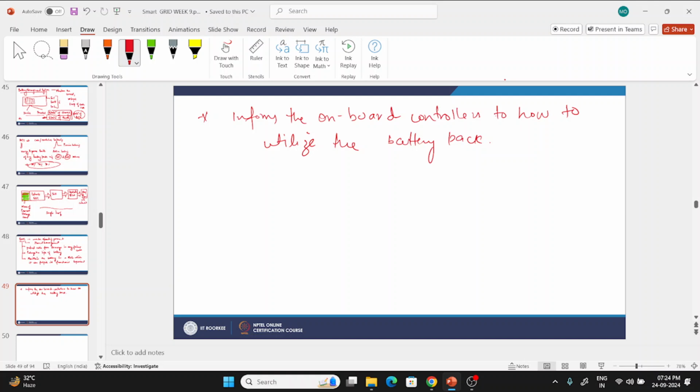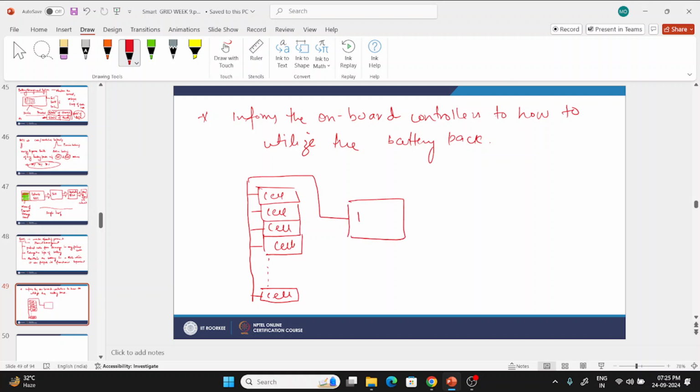So this is how it is connected. These are cells. These all are connected to form a battery, and this is all connected to a battery management system.